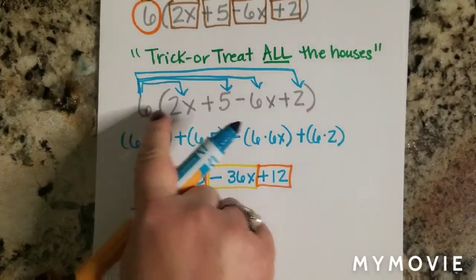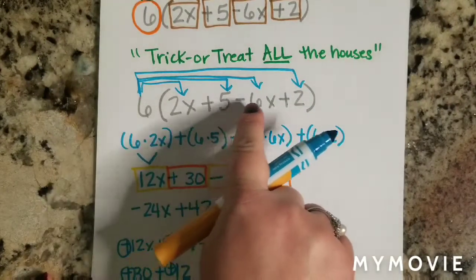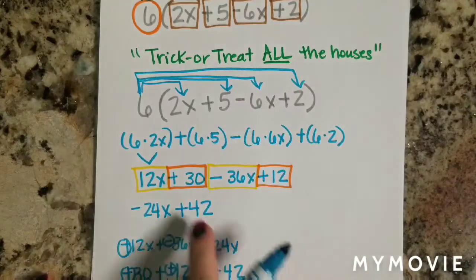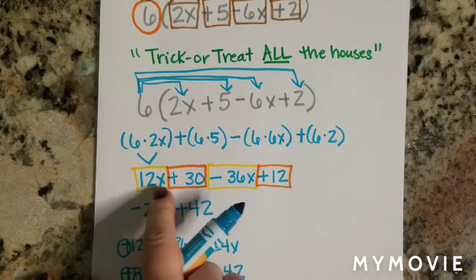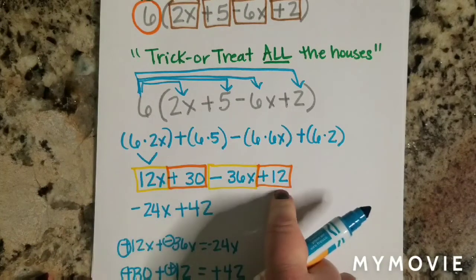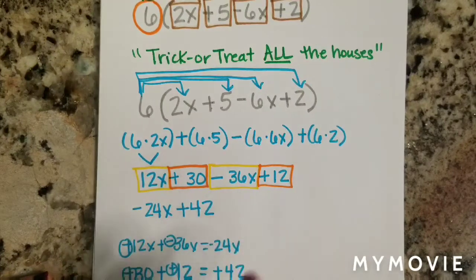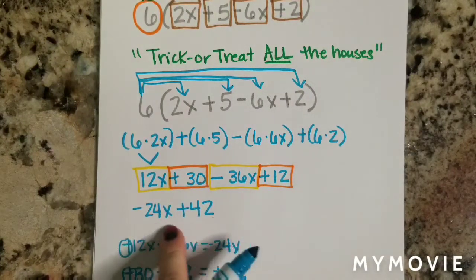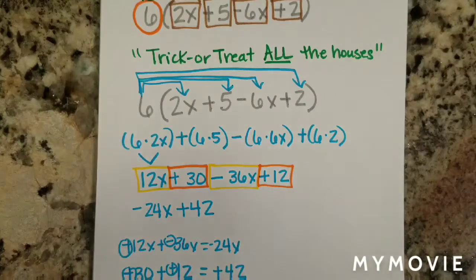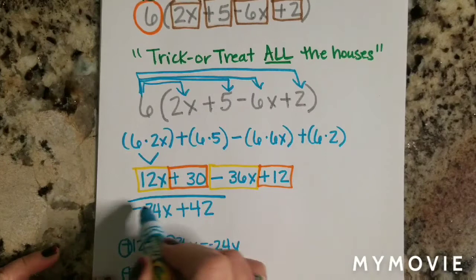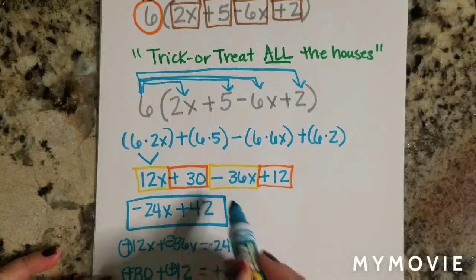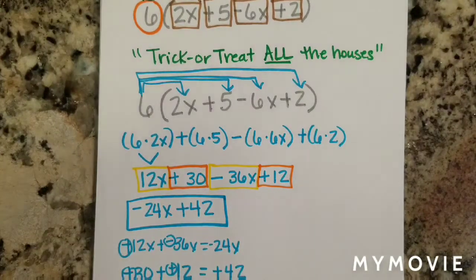I went from 6 times the group 2x plus 5 minus 6x plus 2, and then I got this 12x plus 30 minus 36x plus 12, which looks just like the expressions we've been working on for the past couple of days. And then I simplified it on down to negative 24x plus 42. And that is as simplified as I can go. So that would be my answer if I were asked if I could simplify this expression.